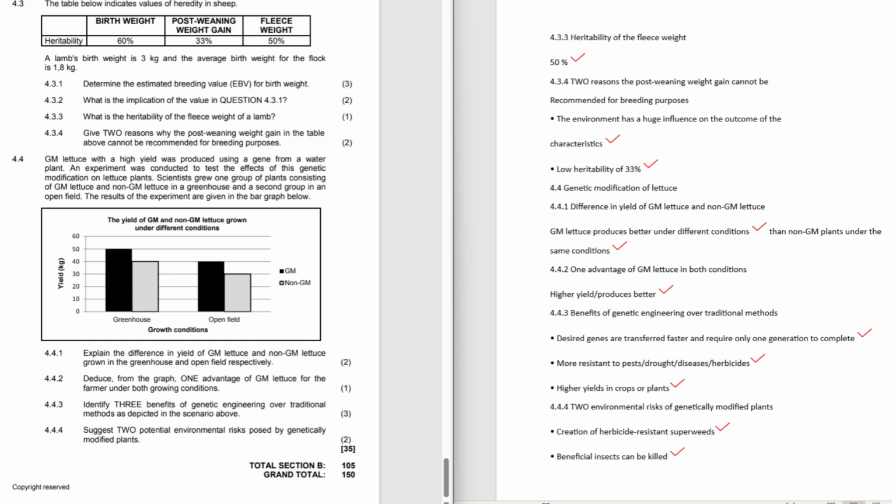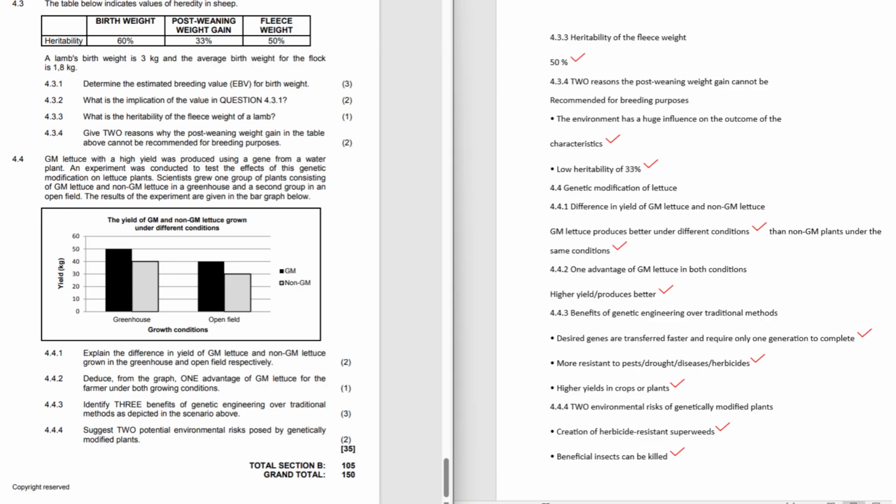Point number 3: desired genes are transferred quickly, or faster, compared to traditional ways of improving crops.